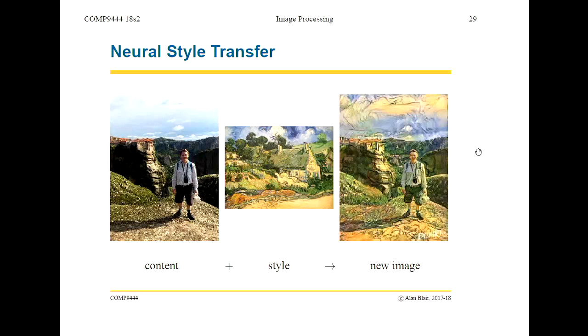This is a picture of me hiking in Matera in Greece a couple of years ago. And that's a painting by Van Gogh, and somehow this process takes the content of this and the style of this, and you can see it's pretty good, isn't it? It looks like a painting, but somehow has the content of the original image.